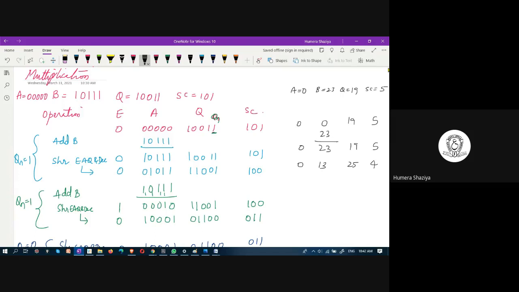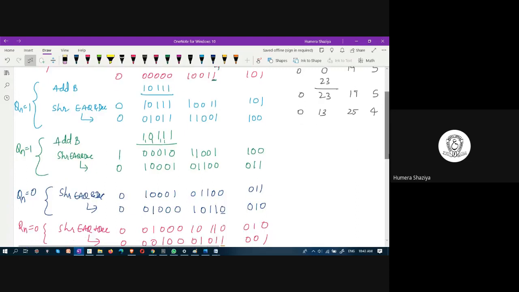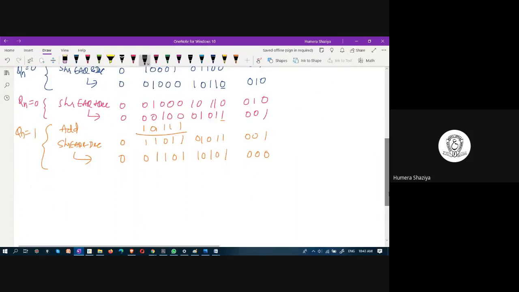All right, students. How are we performing shift right? After shift right, these numbers would change. You are doing it individually for A and for Q, but finally, after SC gets 0, the product, multiplicand into multiplier, 23 into 19, would be in A and Q both.